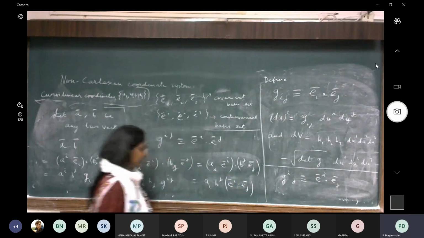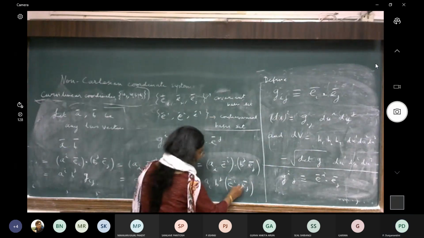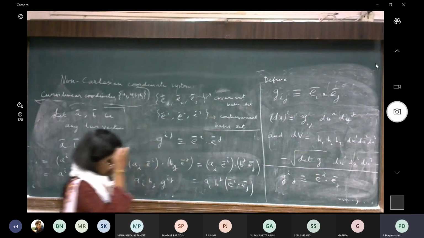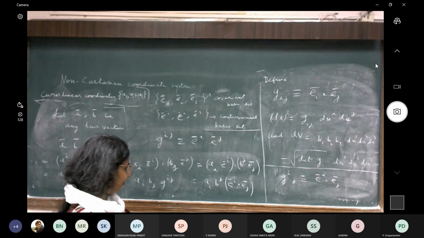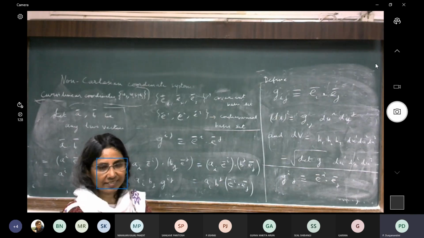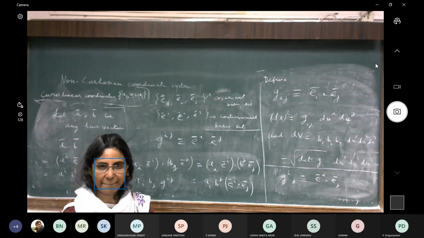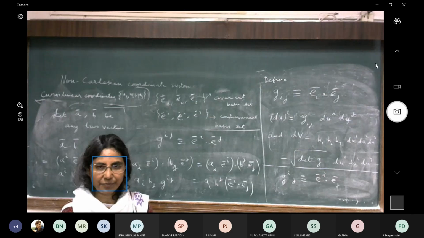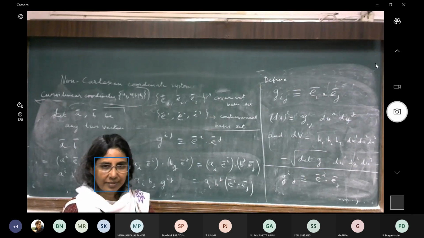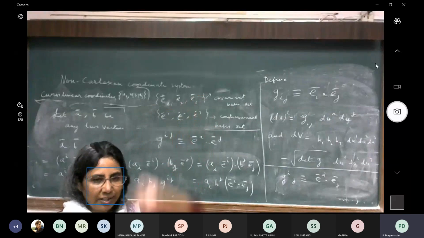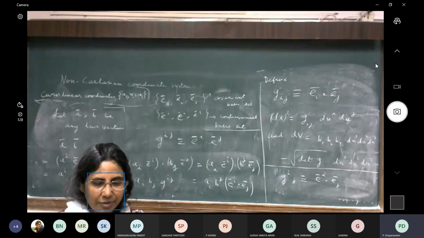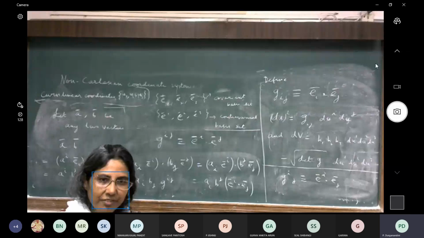But what is Ei dot Ej? What is the contravariant Ei? What were our contravariant Eis and the covariant Eis? What was the relation between them? The covariant Eis was the definition of E1, E2, E3, which was del R by del U1, del R by del U2, and del R by del U3. What was the contravariant E1, E2, E3?